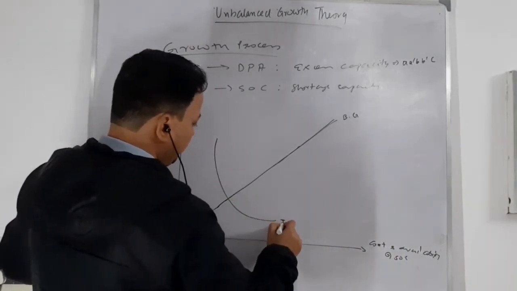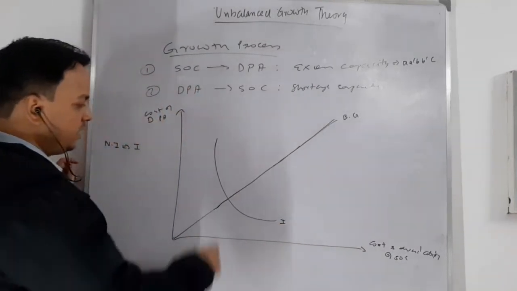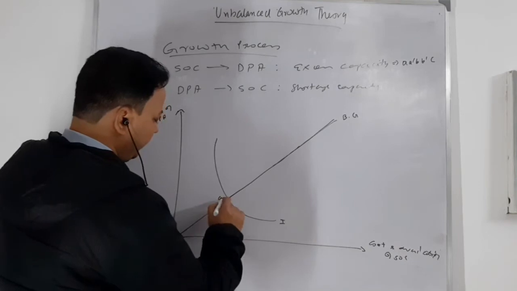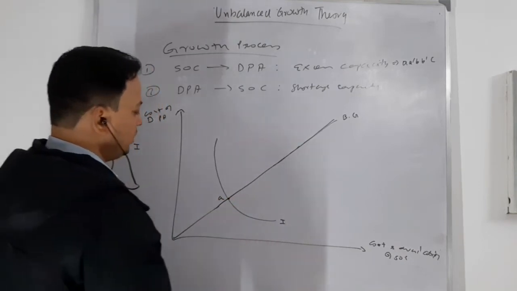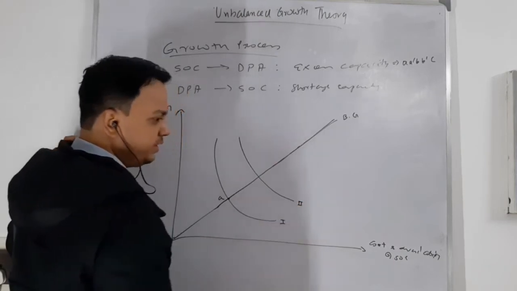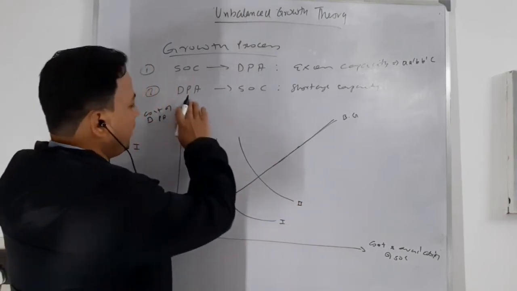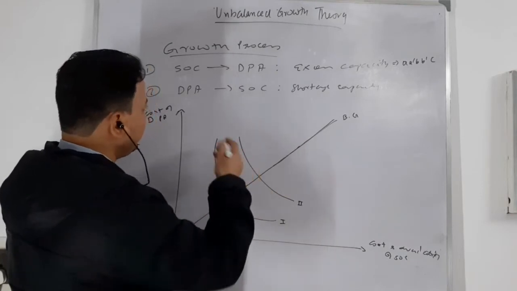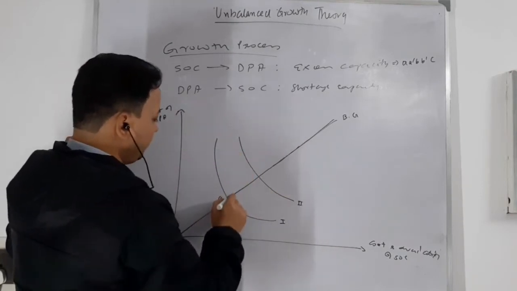Let me start from here. Suppose this is my national income level 1. This is my equiproductive curve, and this is the equilibrium at A. Suppose national income increases to 2. When national income increases to 2, I want to increase my investment, and the thing that I am giving importance to is direct productive activity.